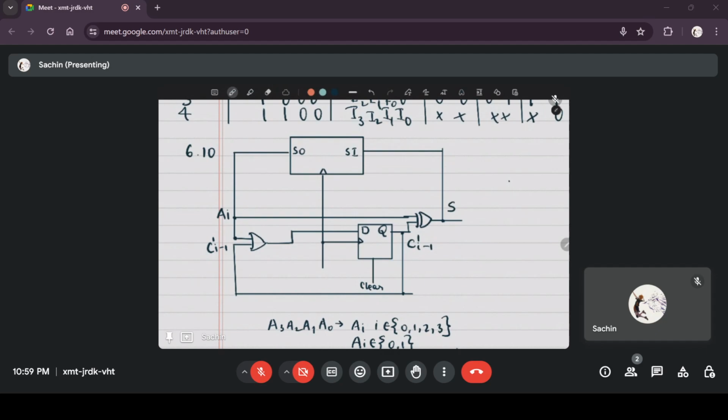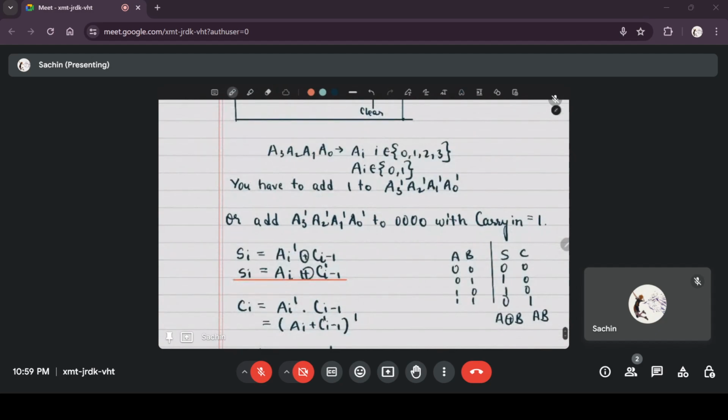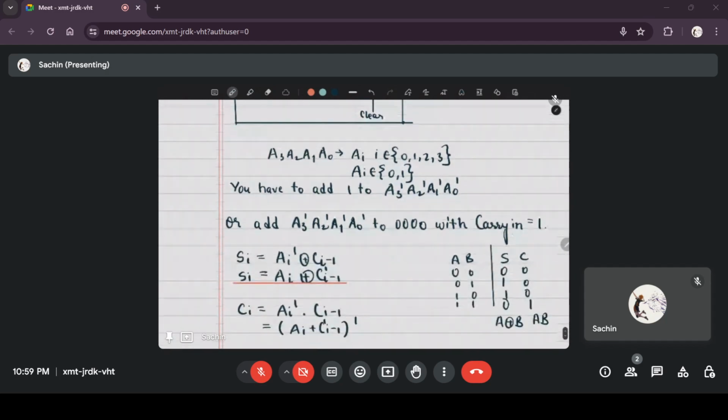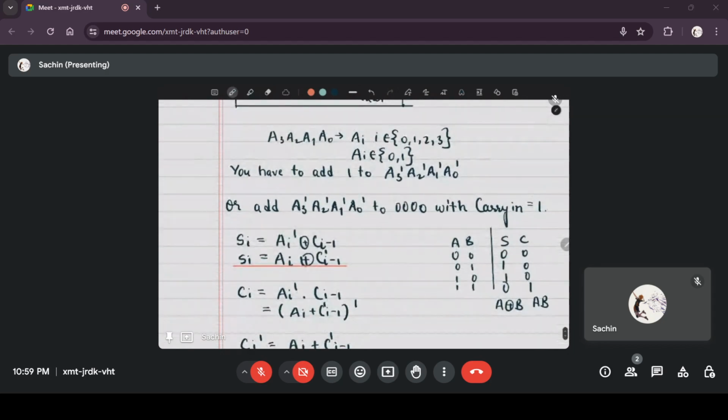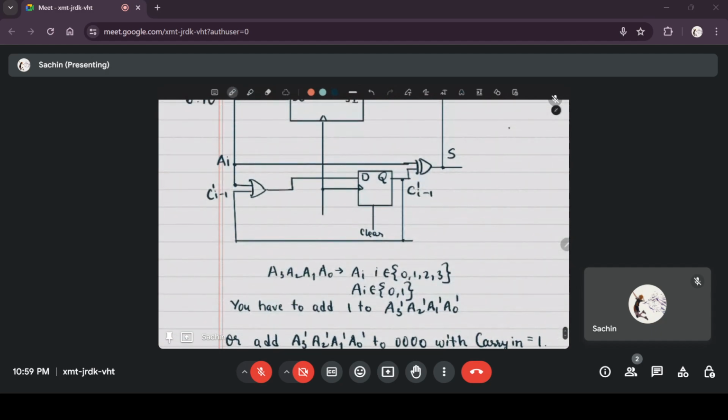Then what you could have done is, instead of this, you would have the sum equal to ai XOR ci minus 1, and ci is equal to ai AND ci minus 1. So you would replace this OR gate with an AND gate. You would keep the XOR gate as it is, and you would store the previous carry in the flip-flop. So you would initially set the carry to 1, and then proceed.